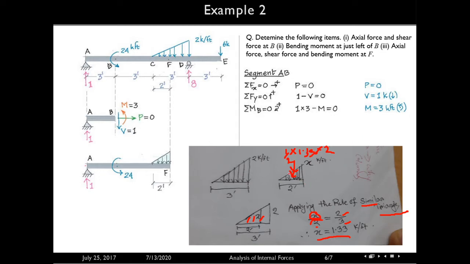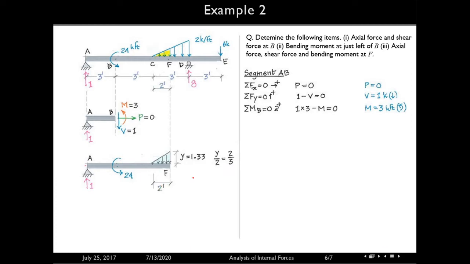So from this we can get the total load acting on this portion. From 1.33 kip per feet, the total load will be half into base, which is 2, and the height 1.33. The 2 and 2 will be cancelled out, so the answer will be 1.33 in total.